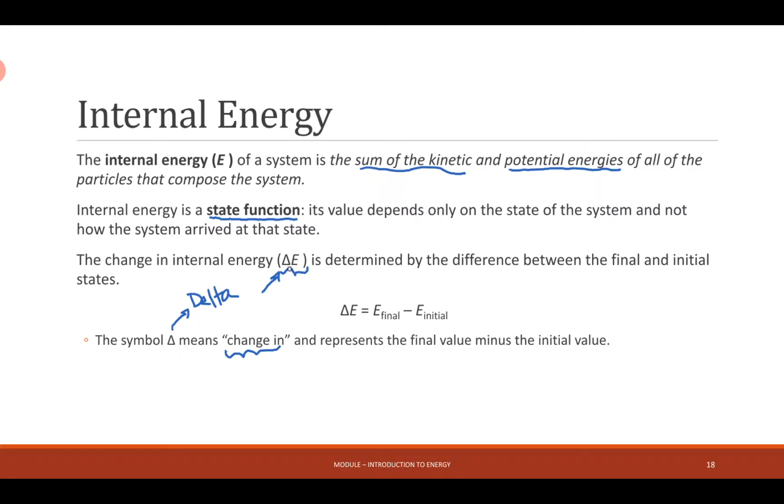Whenever we talk about the change in something, we mean final minus initial states. So we talk about the energy it had in the final state, subtract the energy in its initial state, and then we get the delta energy. So we always do final minus initial.